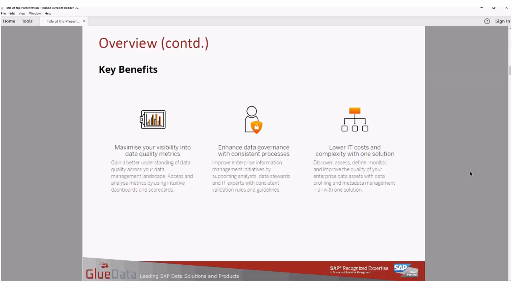We also enhance our data governance with consistent processes. Now, governance is about controls and standards, effectively. So IS does allow us to apply those, to individual elements or across the organization as well.